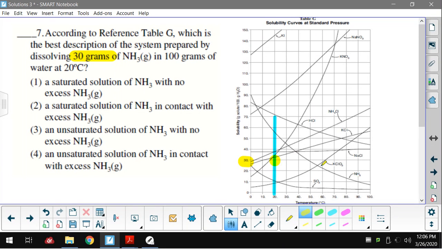So the ammonia line is way up here, so 55 grams of ammonia is soluble in 100 grams of water at 20 degrees Celsius. What would you classify the 30 grams as? Well, it's under the line, so therefore it's unsaturated. And if it's unsaturated, we're not going to have any excess ammonia in there.